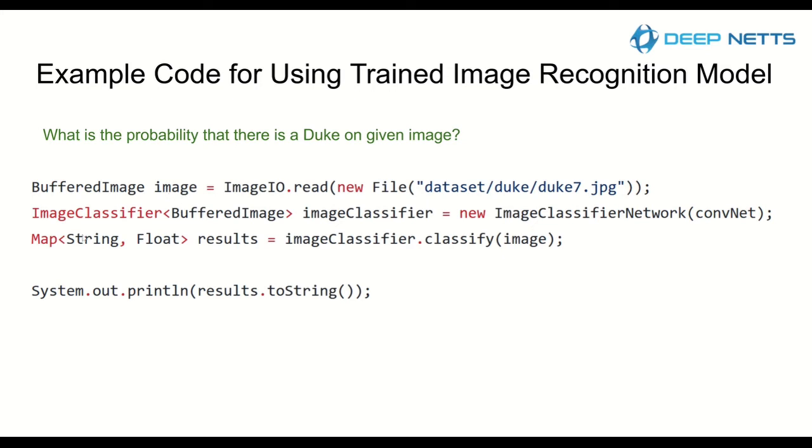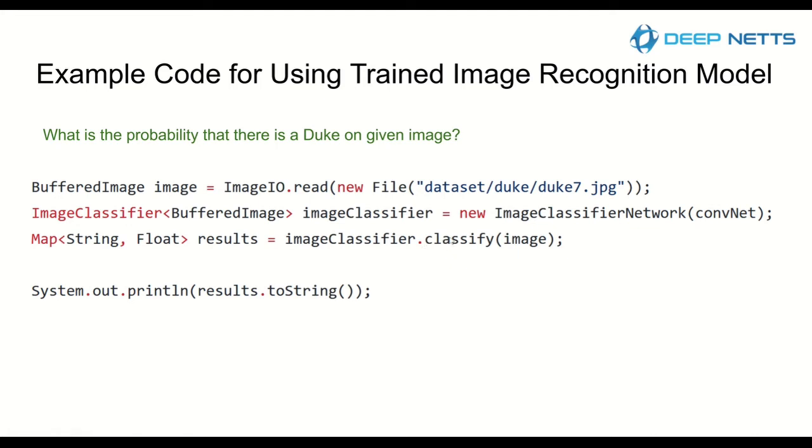So basically, we are creating an image classifier for buffered images, for this type of images. We are loading image files into a buffered image from a Java class, and here we are instantiating the image classifier network using the trained convolutional neural network.